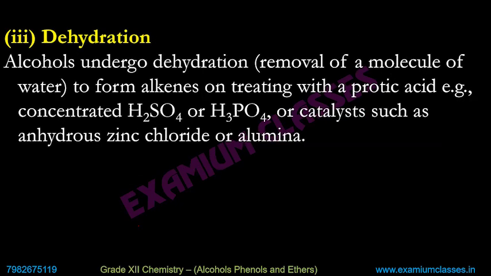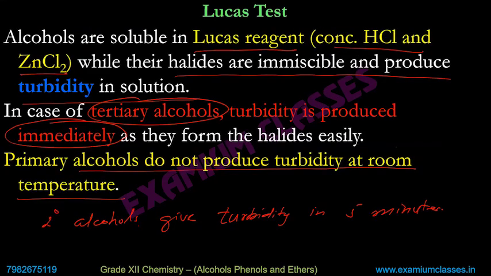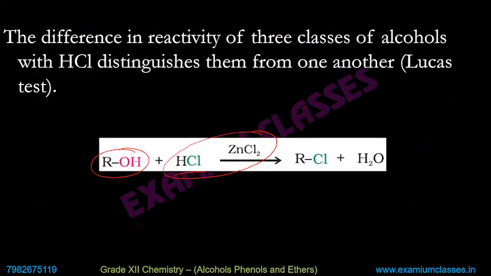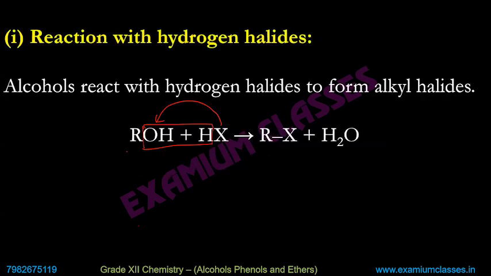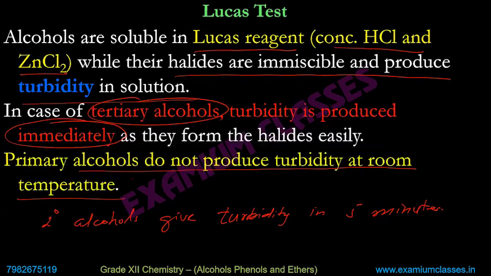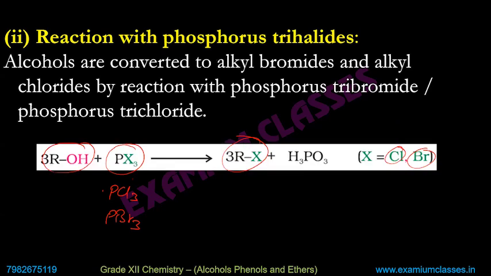Third one is dehydration, where the C-O bond is broken. So if you see, in all these, the C-O bond is getting broken. Here, say this is CH3OH, the C-O bond gets broken. Here also, the C-O bond gets broken.